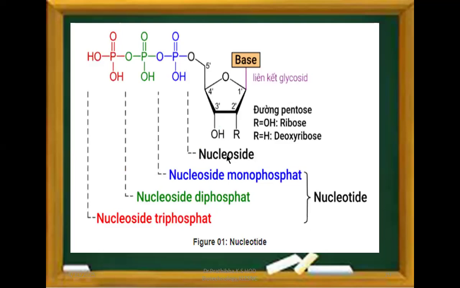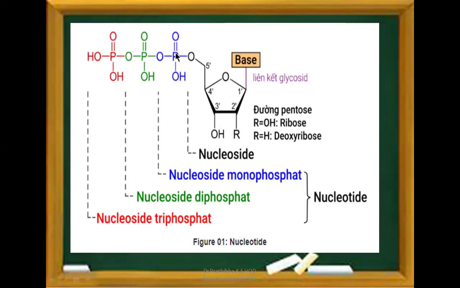So when there is a base and the sugar, either deoxyribose or ribose, we say nucleoside. Once the phosphate molecule is attached, we can say that as nucleotide.